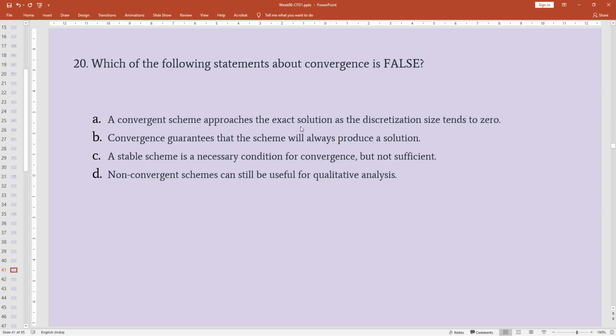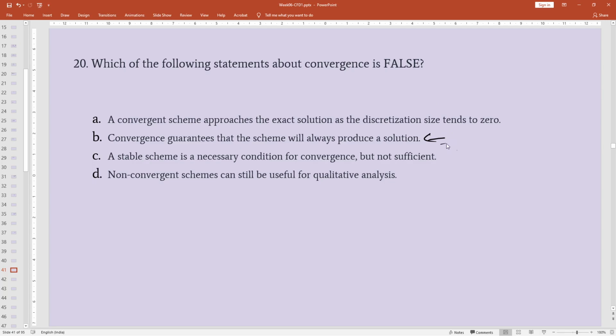Our answer is option B. Yes, you are right. Convergence does not guarantee that it will always produce a solution. In the real sense, convergence means the residuals should come down to some particular threshold.